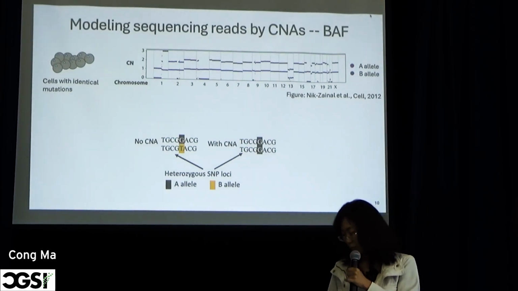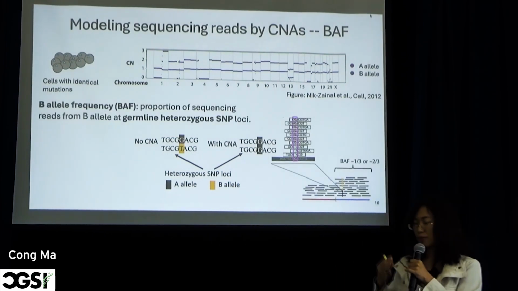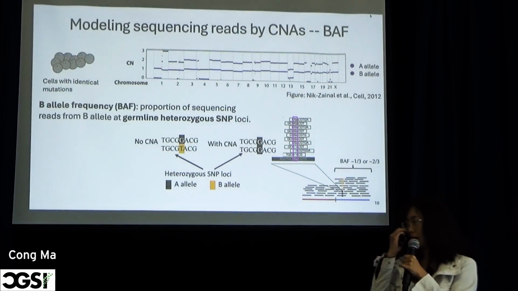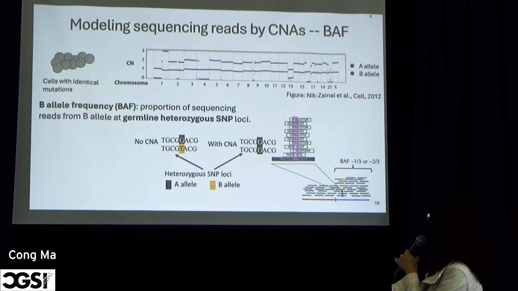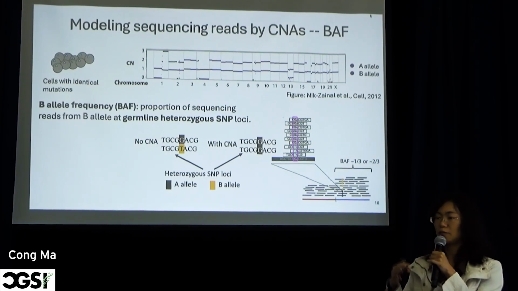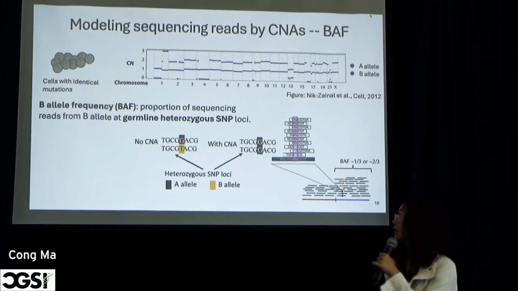And so using heterozygous SNP loci, we can approximate the relative ratio between the copy numbers of the two parental alleles. And so we use B allele frequency, or BAF, which is defined as the proportion of sequencing reads from the B allele at germline heterozygous loci compared to the sum of sequencing reads covering both parental alleles.